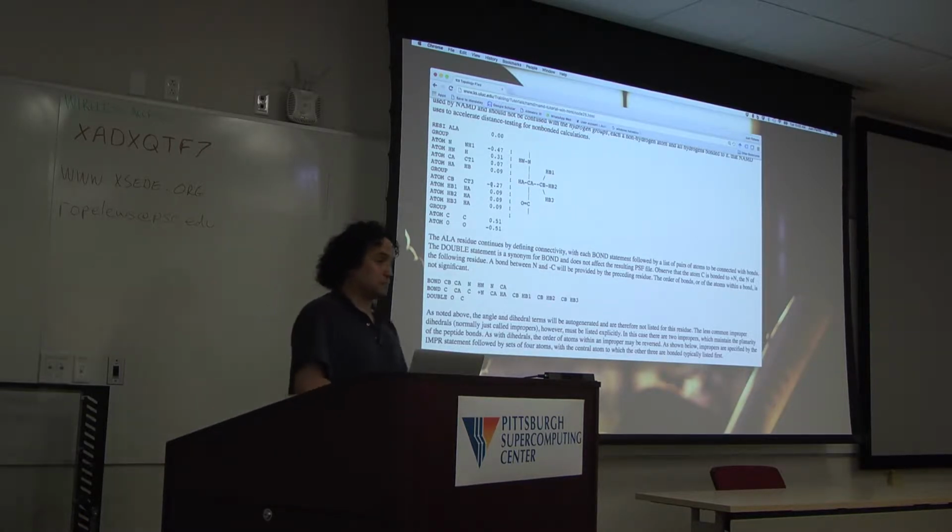So is there generally one topology file that you use for most proteins? So for CHARMM 36, there is only one file for CHARMM 22, except if you have special residues that have been parameterized.